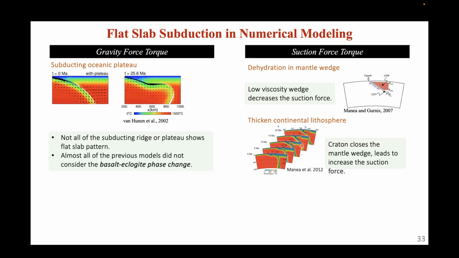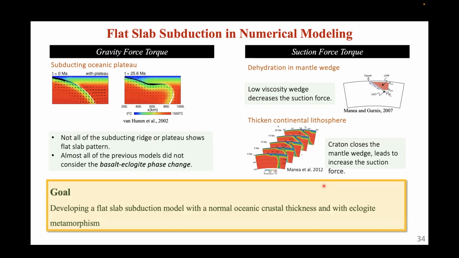That will allow the mantle wedge to remain at a low pressure. So our goal is to develop a flat slab model with normal oceanic crust thickness and with eclogite metamorphism.